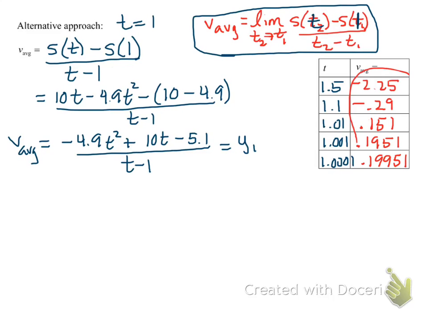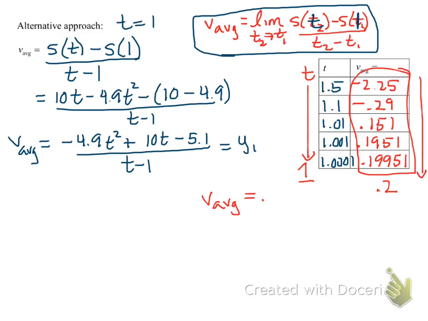And so these numbers should look familiar. They're the same as the ones in the previous table. So it's obvious that as t approaches 1, the average velocity is approaching 0.2, which was the same answer that we got before. And that's it.